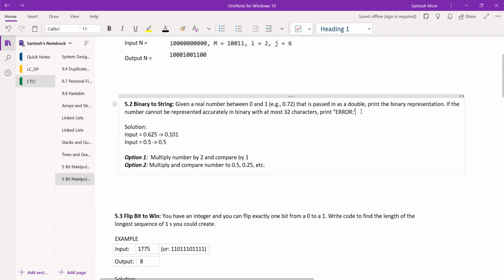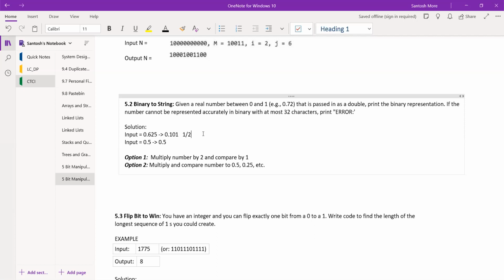To give an example, if this is 0.625, its representation will be like this. So what does this mean? The first bit after the decimal represents 1 divided by 2, so it is 0.5.